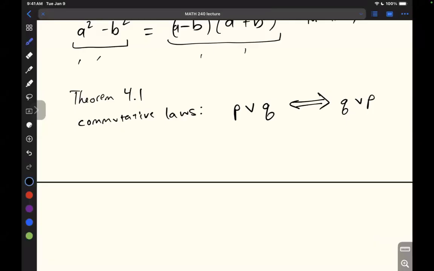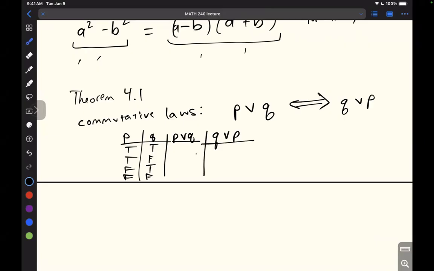To prove that we can write a truth table, right? So we can have P and Q. And then we can say P or Q and compute that. We can compute Q or P. And we'll get the same exact answers for each one. And so then we say that they are equivalent.